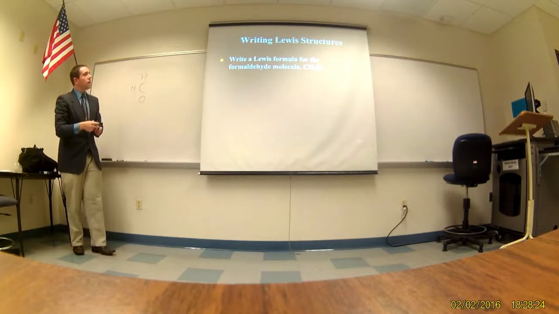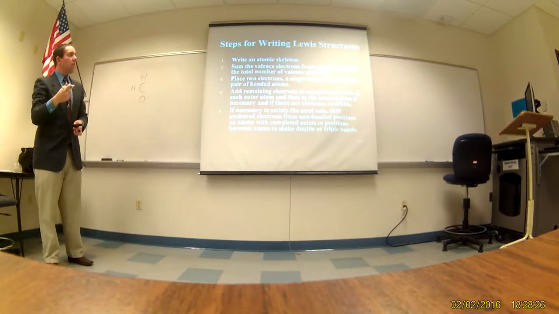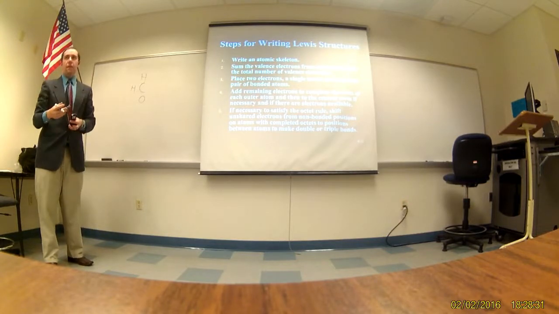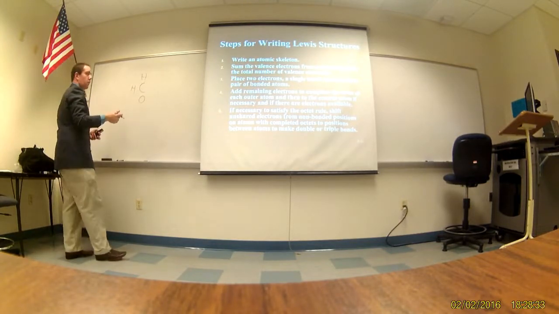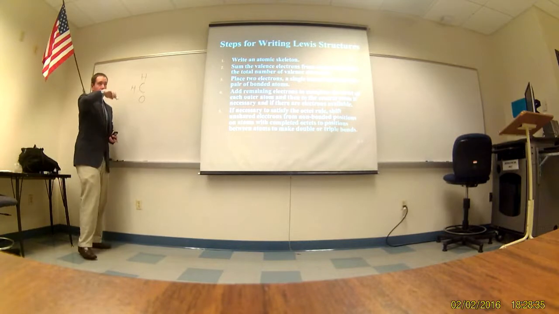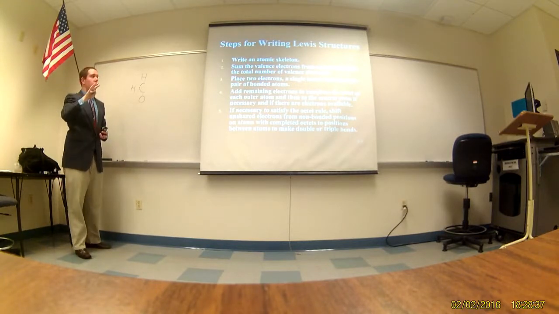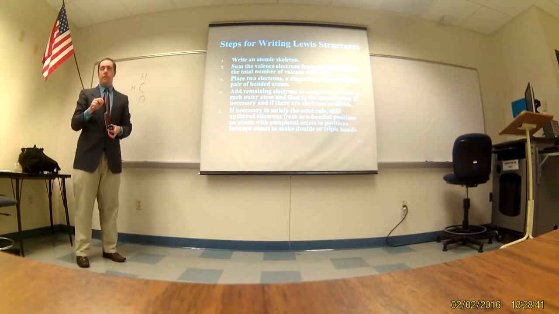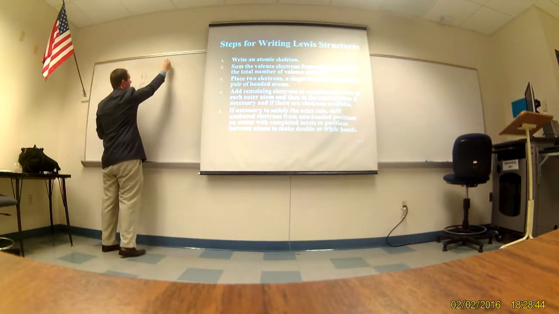Okay? Next step. How many total valence electrons do we have? So how many does carbon bring? 4. Carbon's got 4. How many does each hydrogen bring? 1. And how many hydrogens do we have? We have 2.